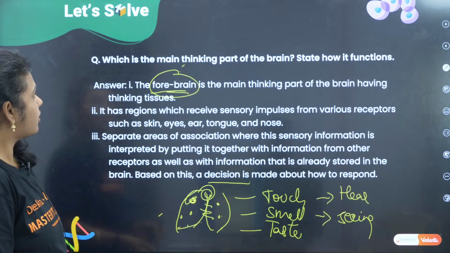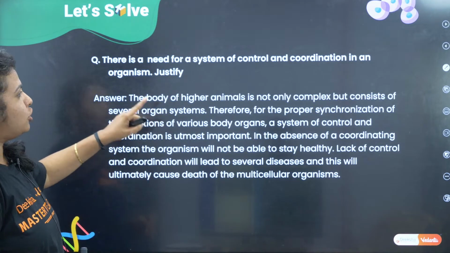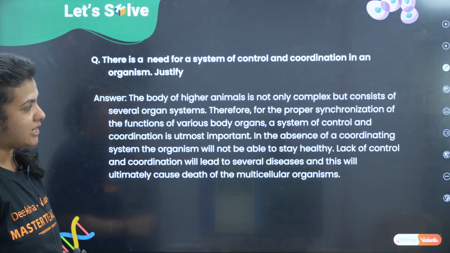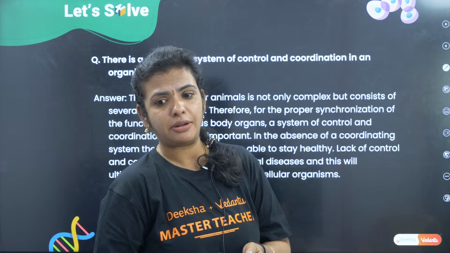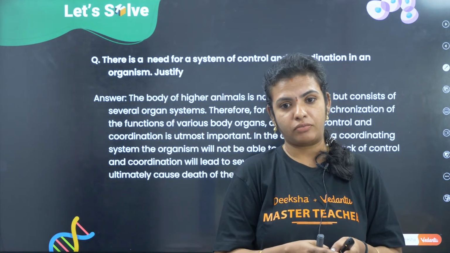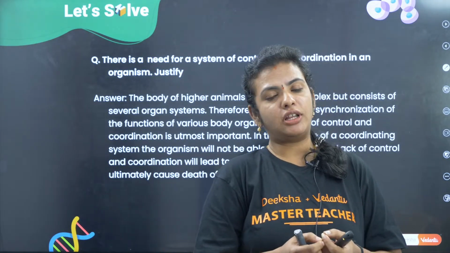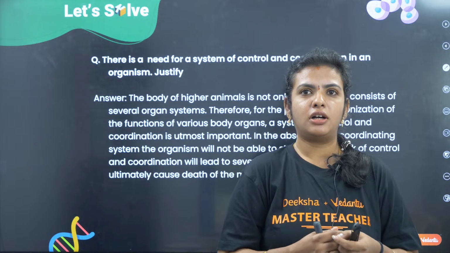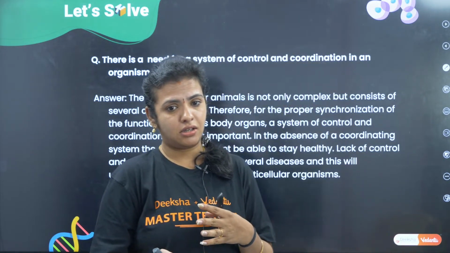All right. Okay, there is a need for a system of control and coordination in an organism. Justify. So, the question is asking, why should there be control and coordination in an organism? Okay. Just imagine a very simple scenario that you are going cycling, or let us say you are doing some exercise. Okay.